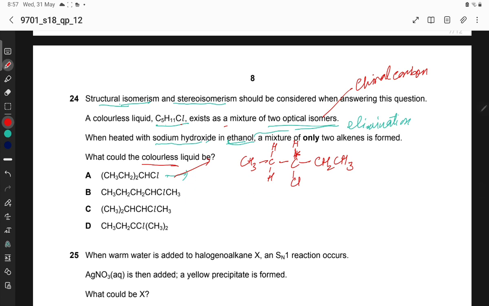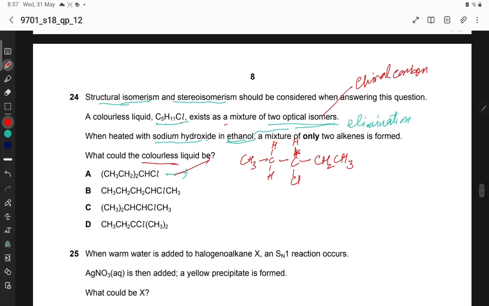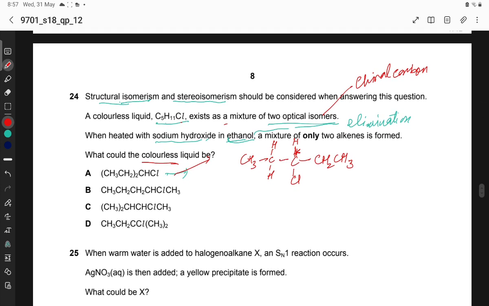So here there is no chiral carbon, as this is the one group and the same two groups are present on both sides. So this is incorrect.